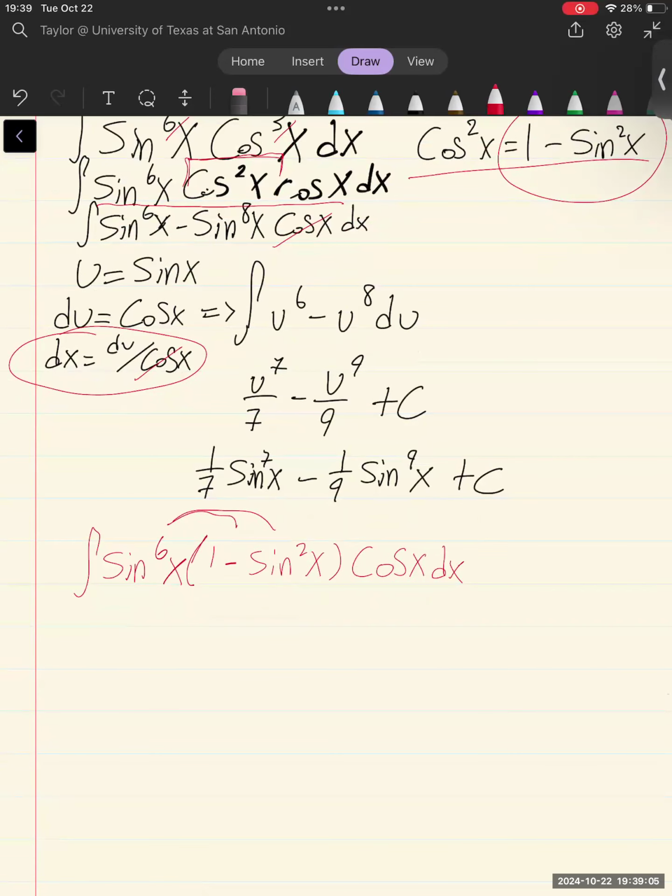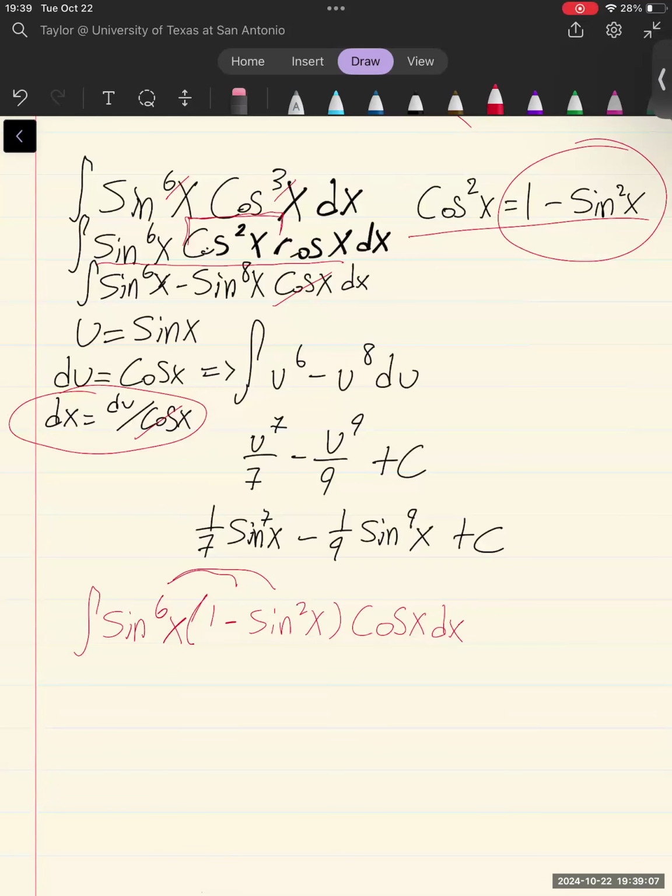So that final answer with the 1 over 7 sine 7x, and so on, that would be our final answer, correct? Right. Exactly. Okay, cool. My professor showed me we can do sine 7x over 7 minus sine 9x over 9 plus c. Is that still okay too? Yeah.